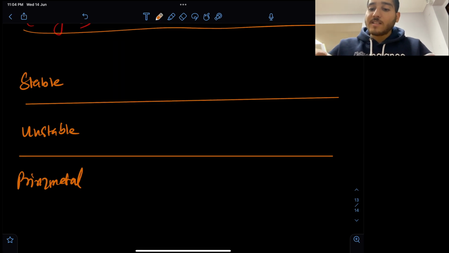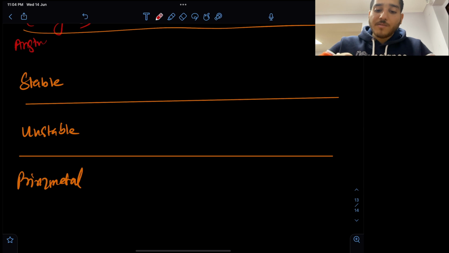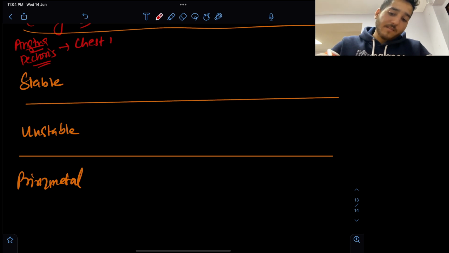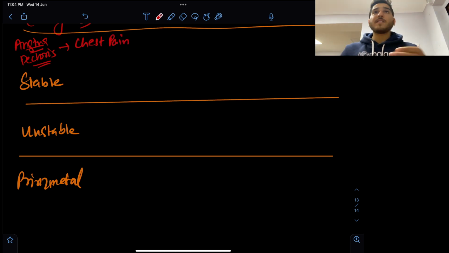So what is angina first of all? Angina pectoris, we read this term. This is simply chest pain. Any patient coming to you with chest pain does not necessarily have myocardial infarction. There can be angina pain also. So how do we differentiate angina pain from myocardial infarction?